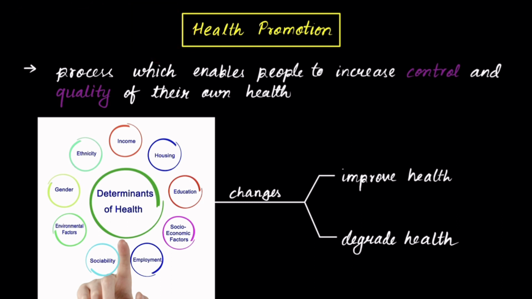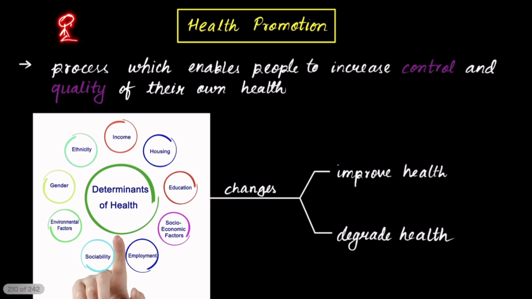So, this right here is an example of health promotion. The person took control over his own health. He took control over the quality of his own health, over the process of improving the quality of his own health.